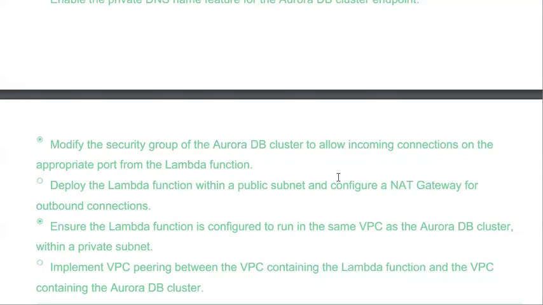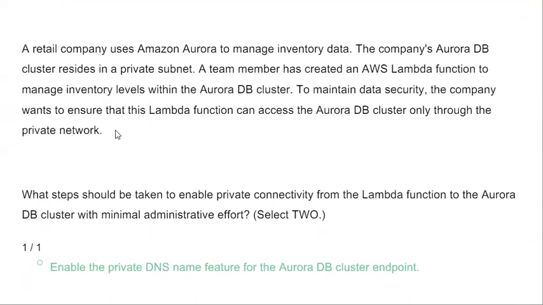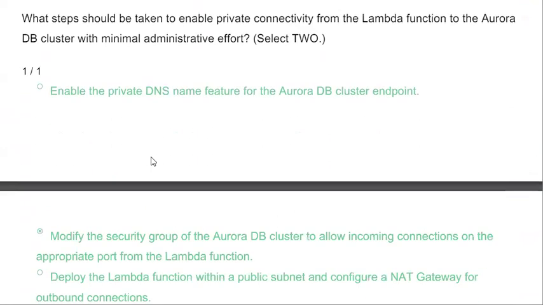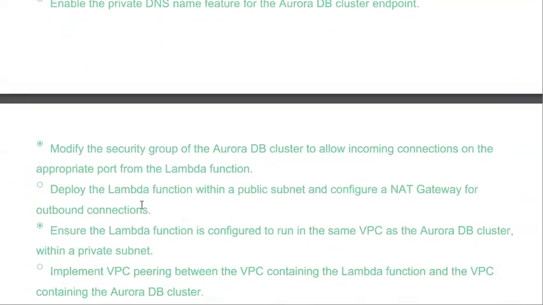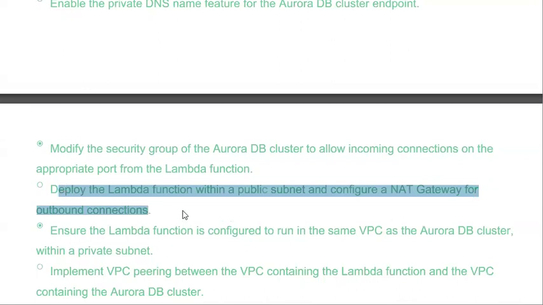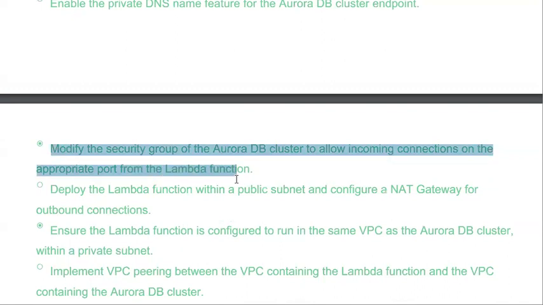Since again we are requesting through a public subnet, but the requirement is not to use a public subnet, we need to use a private network, I think this option is eliminated. Yes, since we are connecting through a public subnet, this option is eliminated. Why? We need a private subnet only. So this might be our answer.